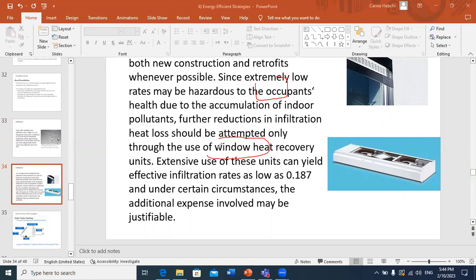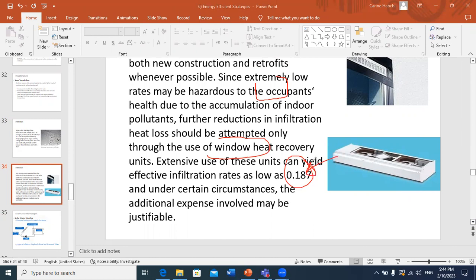But if we reach a very low level of infiltration, this might be good on the energy bill level, but you should also pay attention that to reduce it to such an amount, maybe you will put in a very high investment also.